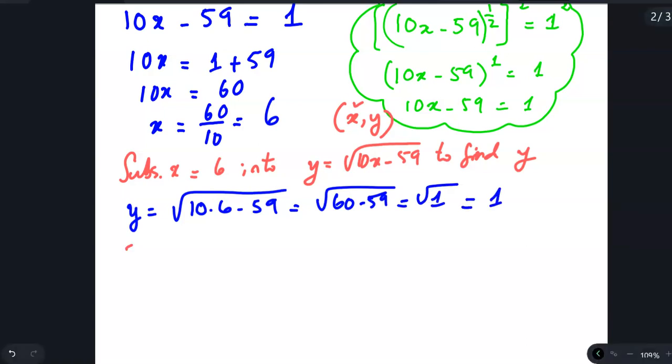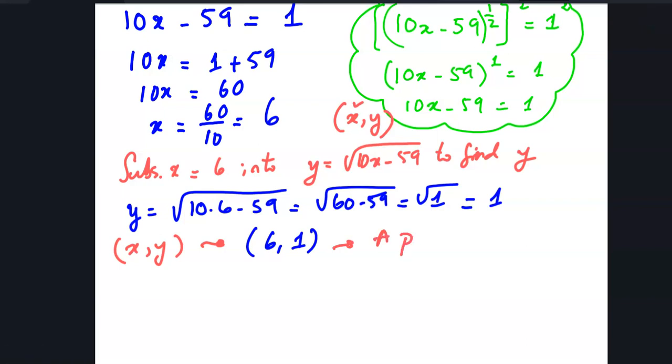So the point x and y that I have here is 6 and 1. Now I have a point and a slope equal to 5, so I can find the equation of this line.